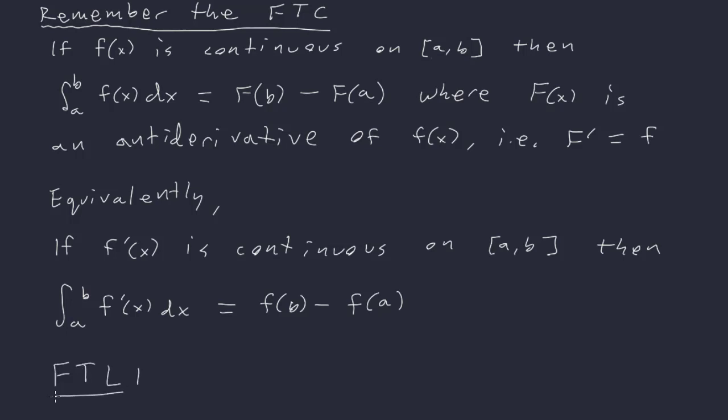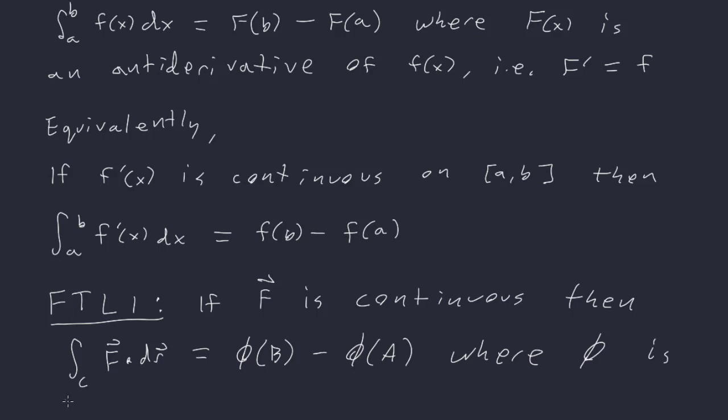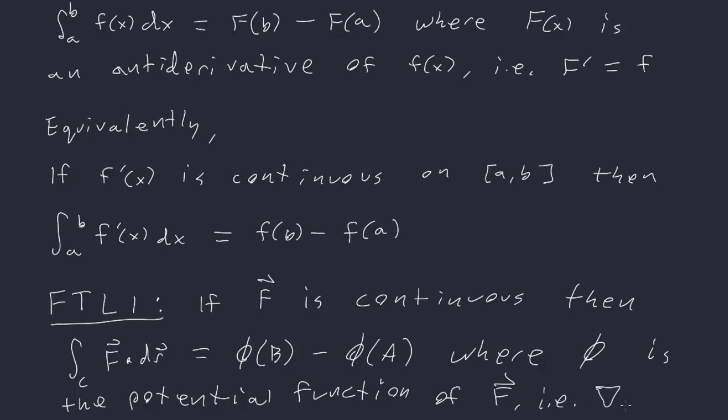I posit that the fundamental theorem of line integrals is essentially saying the same thing. It's basically saying that if the vector field F is continuous, then the line integral over C of F dot dr is phi of B minus phi of A, where phi is the potential function of F. In other words, the gradient of phi is equal to capital F. Well, that's exactly what this is saying up here, right?